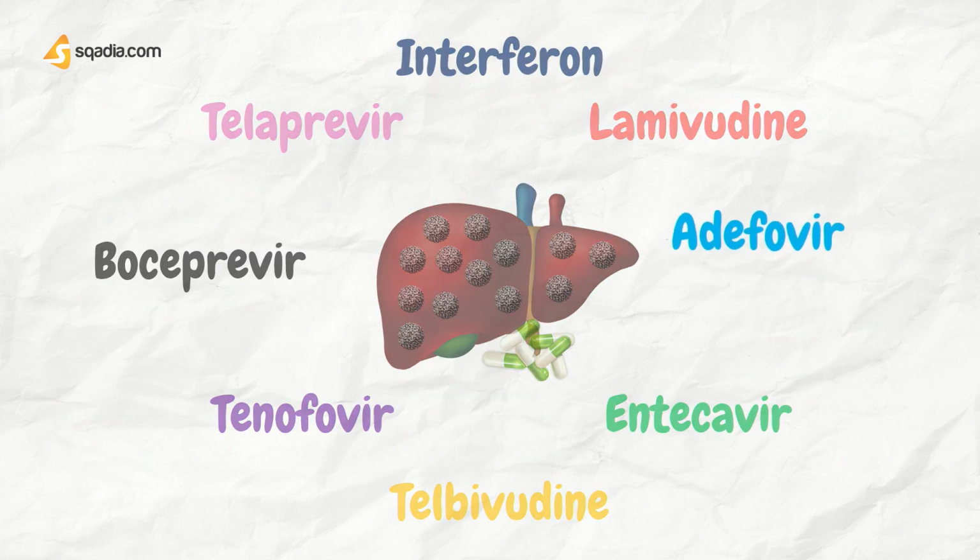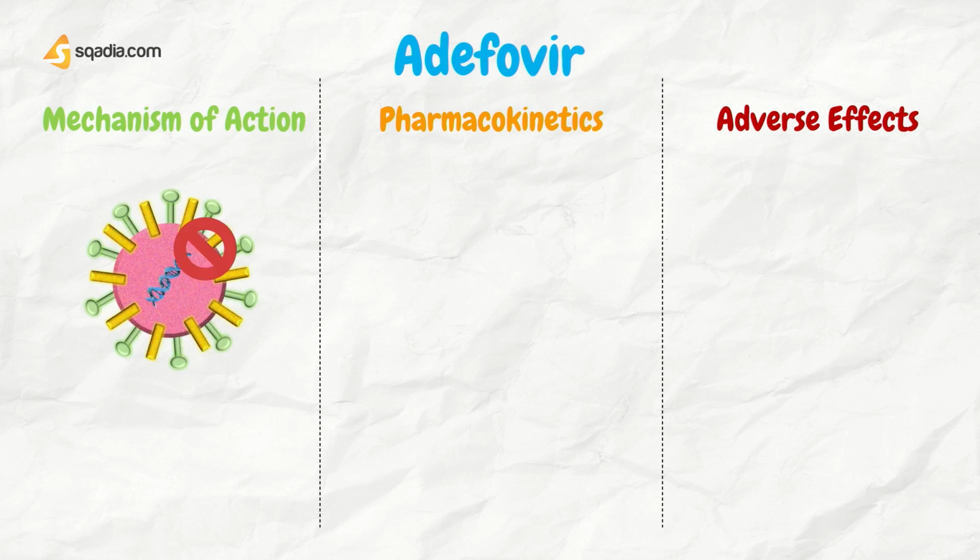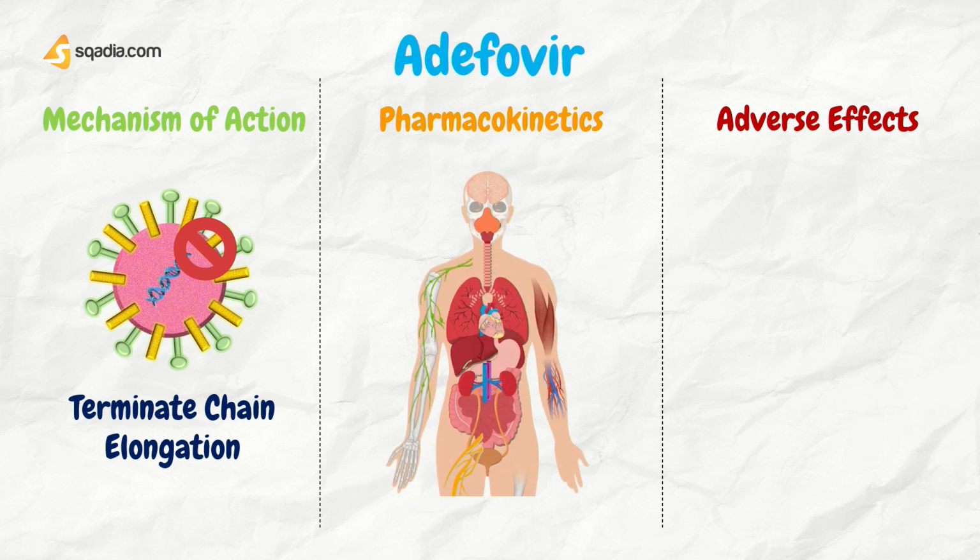Now, moving towards adefovir. Adefovir is a nucleotide analog that is phosphorylated by cellular kinase to adefovir diphosphate, and then it is incorporated into the viral DNA. So this leads to the termination of chain elongation, and it's going to prevent the replication of hepatitis B virus. The important thing to remember about adefovir is that it is given once daily.